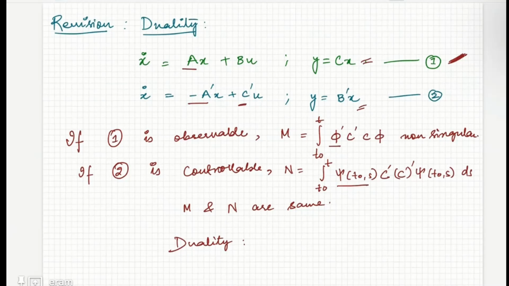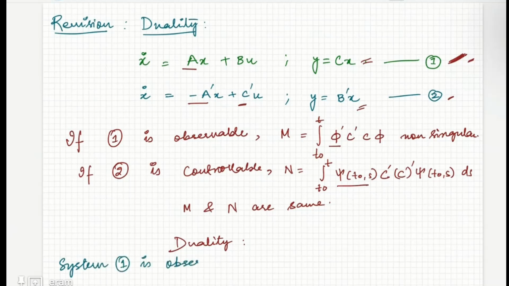That means system 1 is controllable if and only if system 2 is observable.